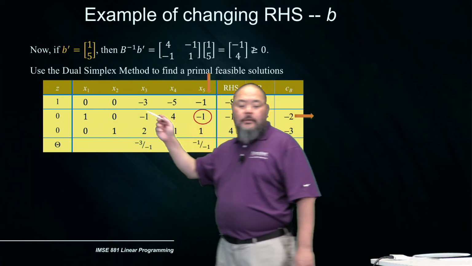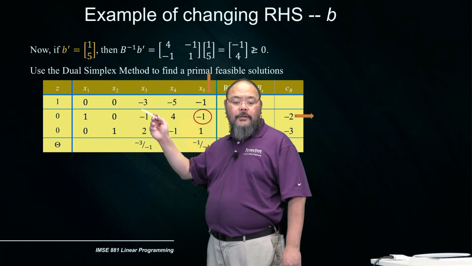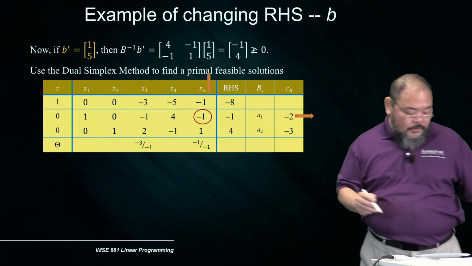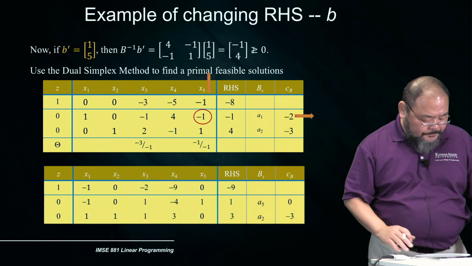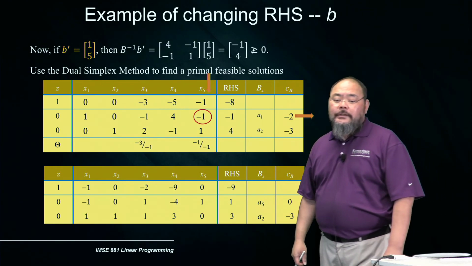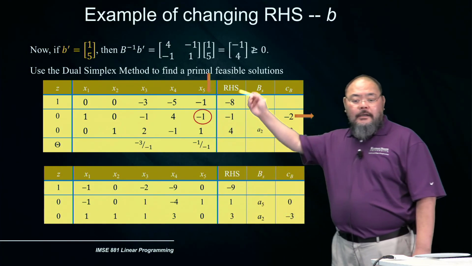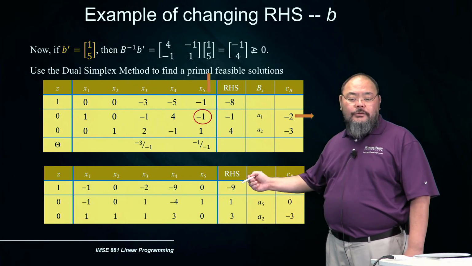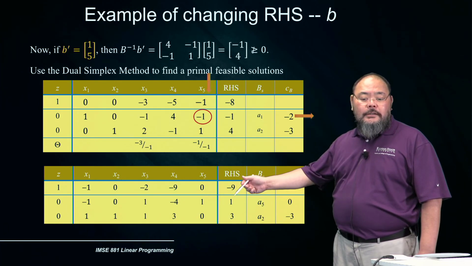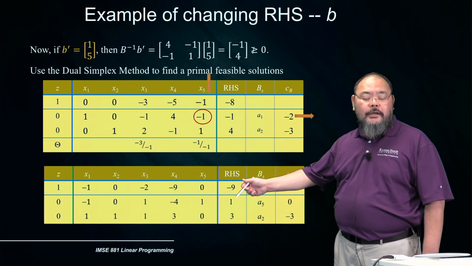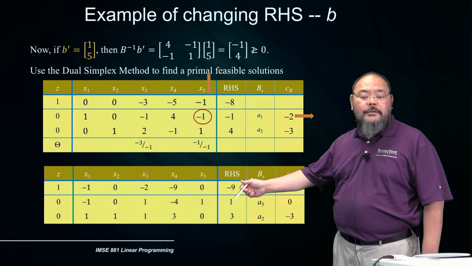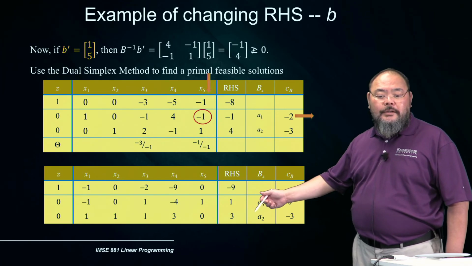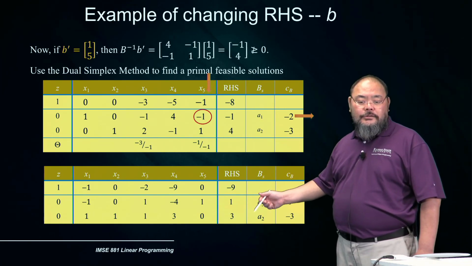For x3, we have negative 3 divided by negative 1, which is 3. Choosing the minimal one, x5 is entering. After pivoting, making x5 an identity column, we have a new basic solution: x5 equals 1, x2 equals 3 in this case.